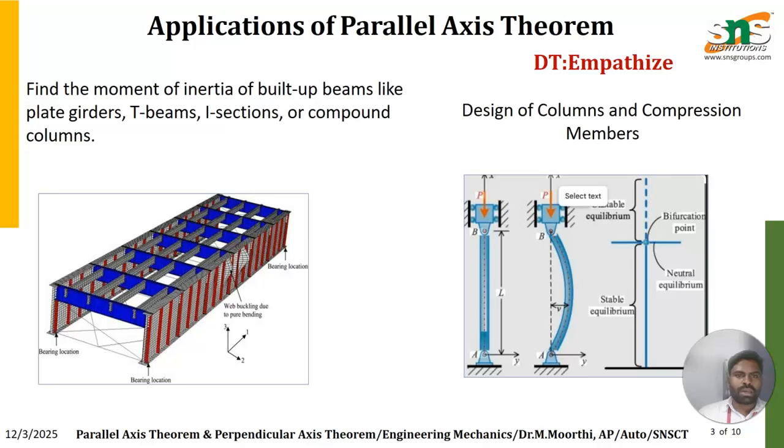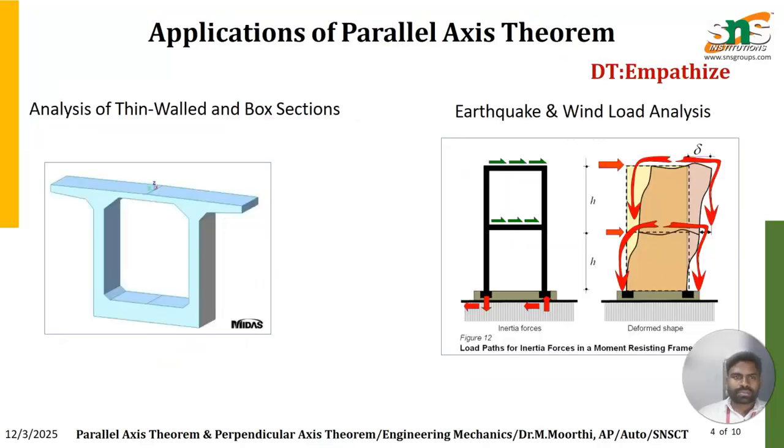It is the beam, where the parallel axis theorem is used to find the moment of inertia of the composite section, including the entire beam over the entire length. And on the right side, the design of columns and compression members, where we can find the moment of inertia of each section.